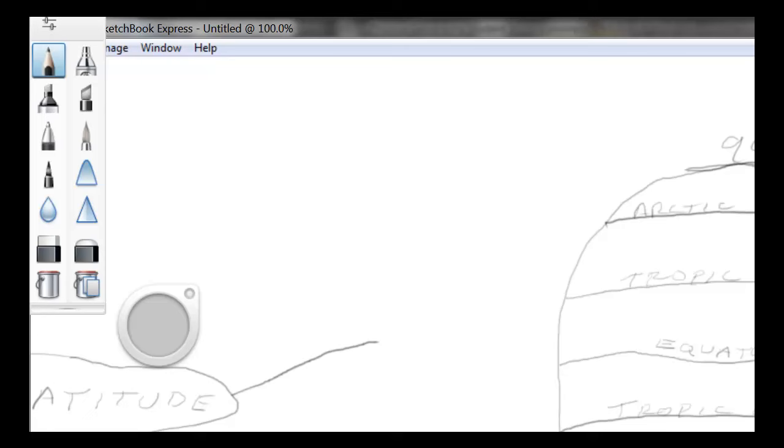Now, a very important idea to take away from this is that lines of latitude equal climate zones.